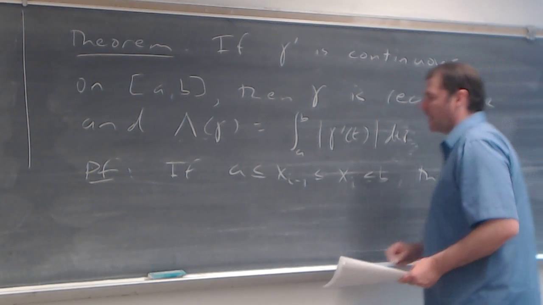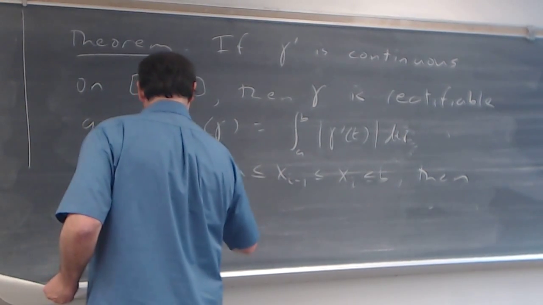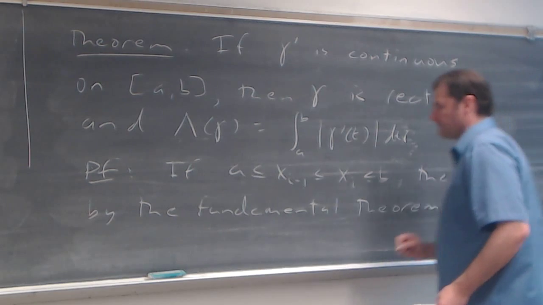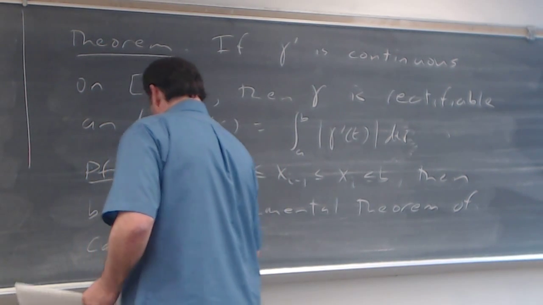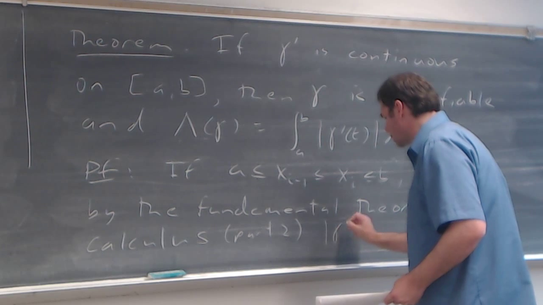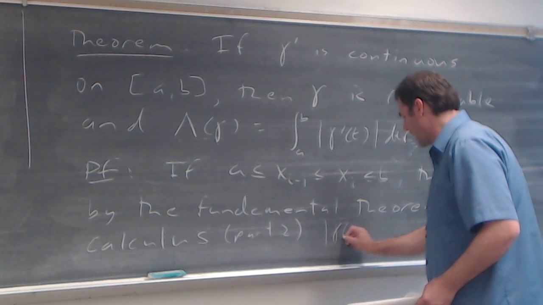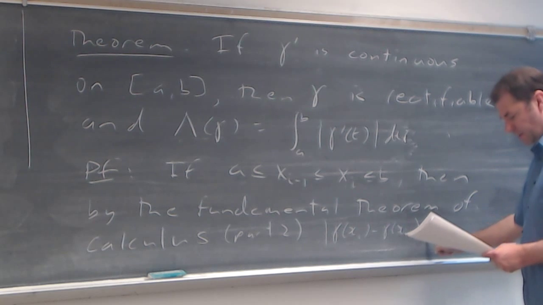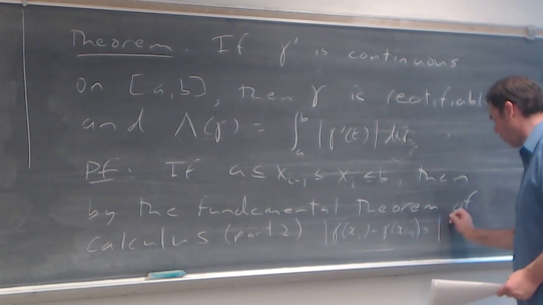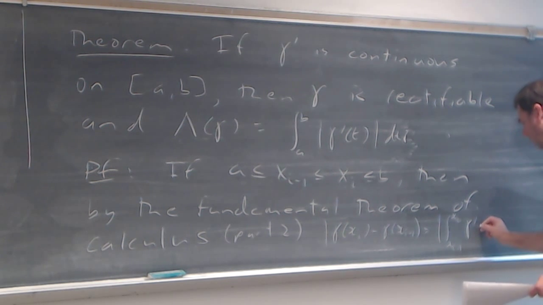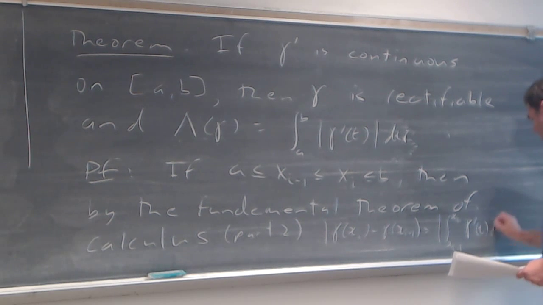Then, by the fundamental theorem of calculus, and this is part 2, what we end up getting is that this norm, this is norm, not absolute value, of gamma of x sub i minus gamma of x sub i minus 1, that's going to be equal to the norm of the integral from x sub i minus 1 up to x sub i of gamma prime of t, some dummy variable, dt.